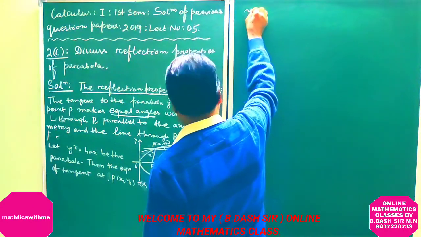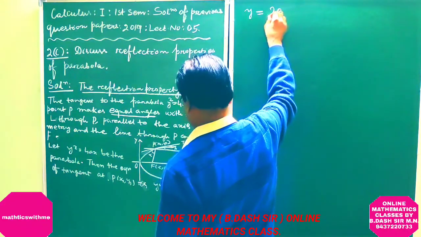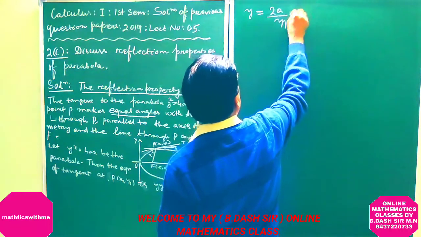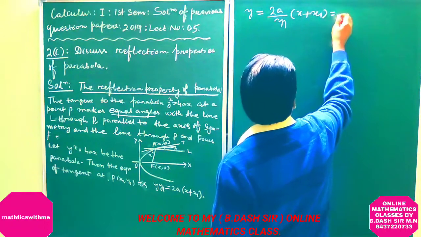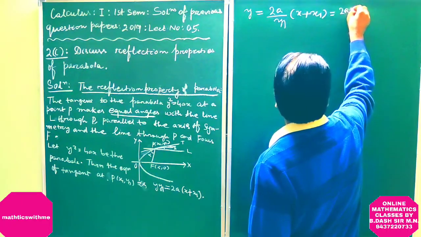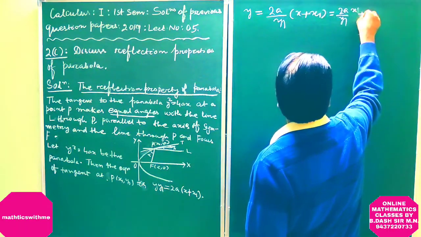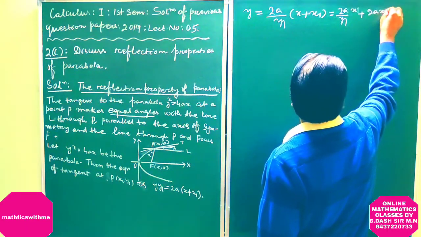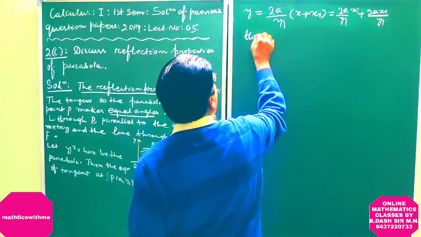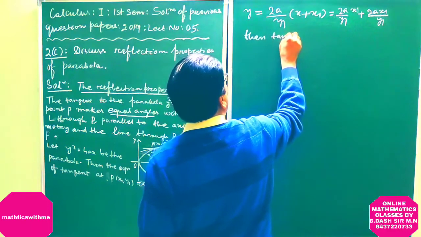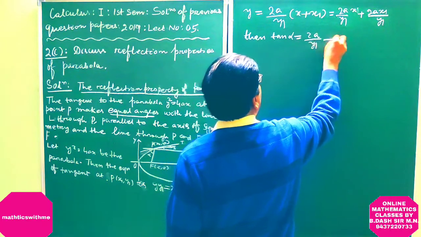Then y is equal to 2a by y1 into x plus x1, which is equal to 2a x by y1 plus 2a x1 by y1. So then tan alpha is equal to 2a by y1. This is equation 1.